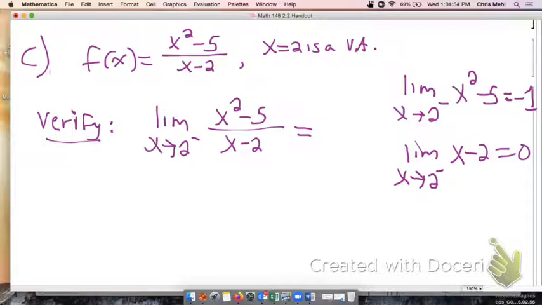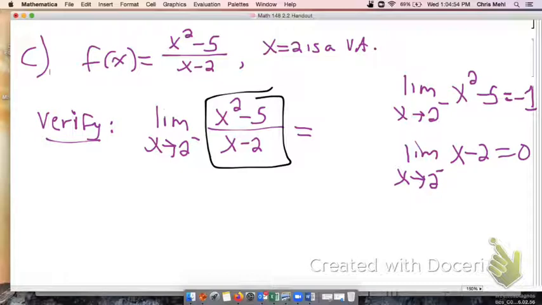So notice now that the numerator approaches negative 1, which is non-zero, and the bottom approaches 0. And now, as long as x squared minus 5 over x minus 2 is either strictly positive or negative as I approach 2 from the left, then that's going to tell me what sign of infinity I need to use.